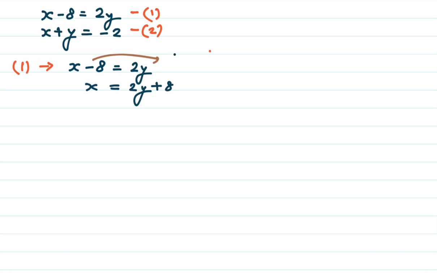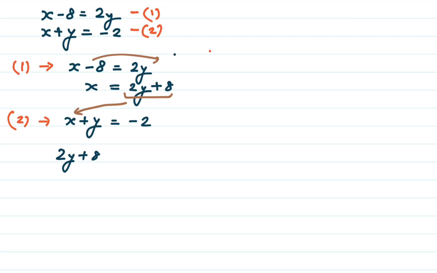Now I take my second equation, which is x plus y is equal to negative 2, and I'm going to replace the value of x here into this place. So my second equation looks like 2y plus 8 plus y is equal to negative 2.